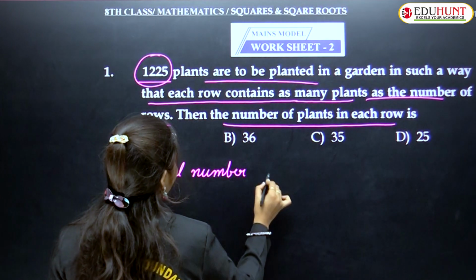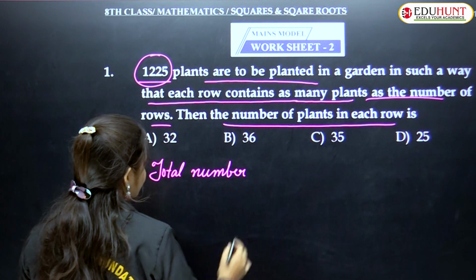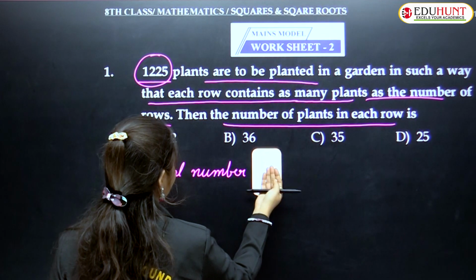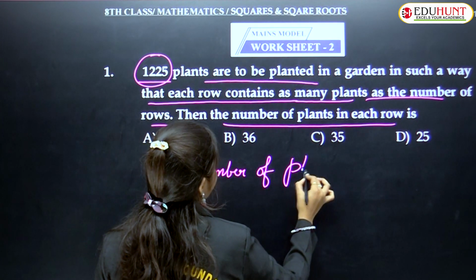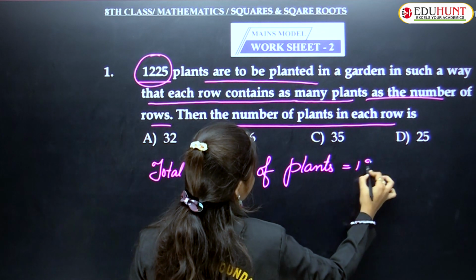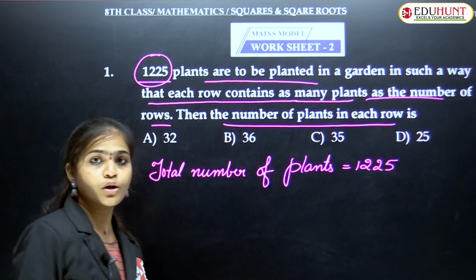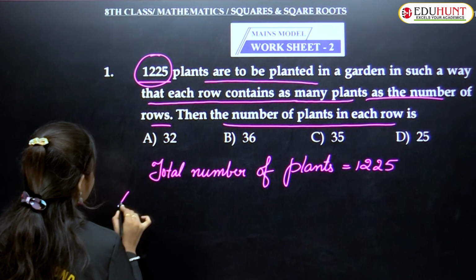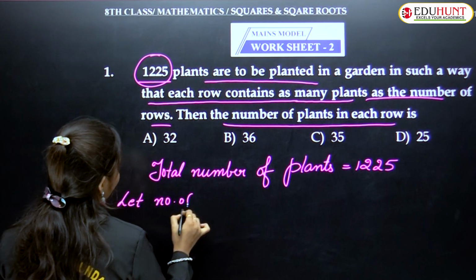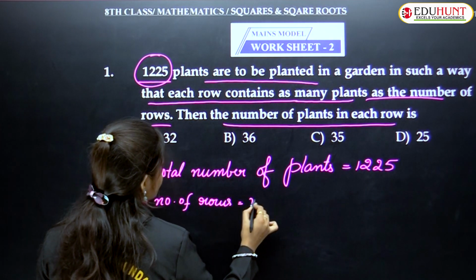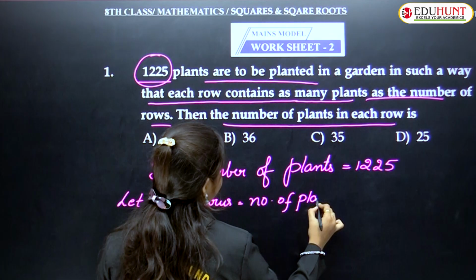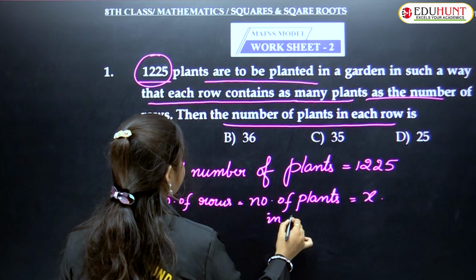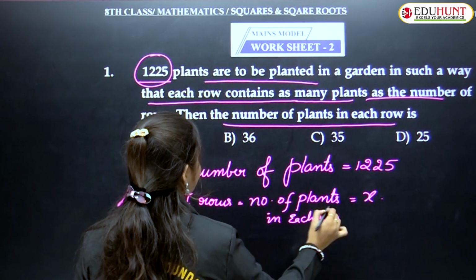The total number of plants is equal to 1225. The number of rows is equal to the number of plants in each row, they are saying. So as per this, let the number of rows be equal to the number of plants in each row, equal to some x.